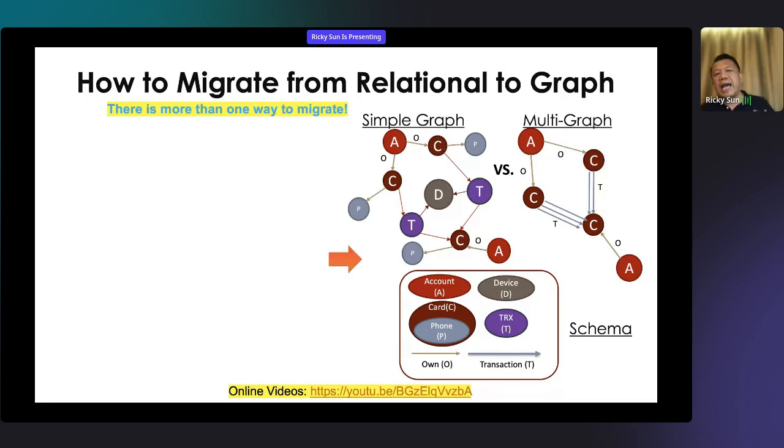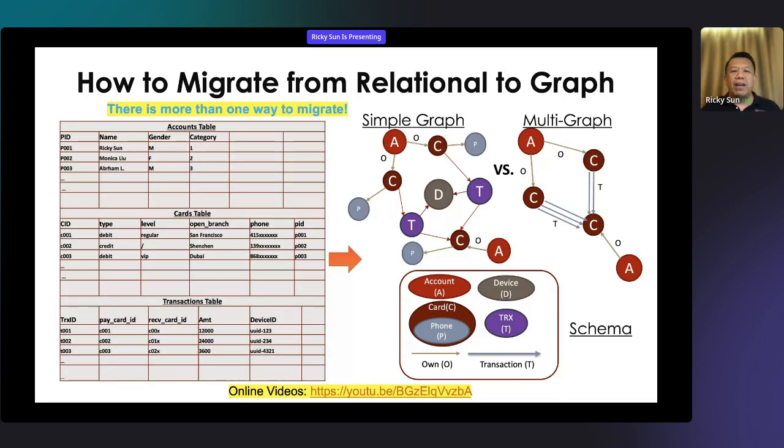So assuming you have a lot of data in the relational tables, how are you going to migrate from a relational database to a graph database? The key thing I'm trying to say is there is more than one way to migrate data.